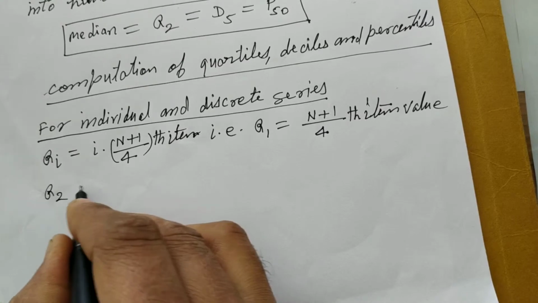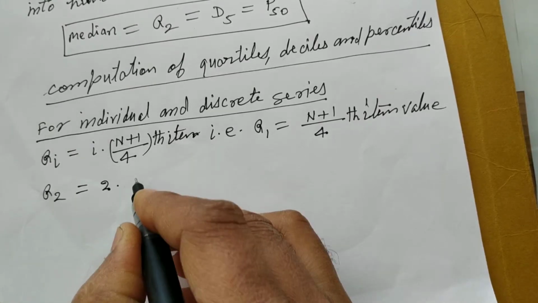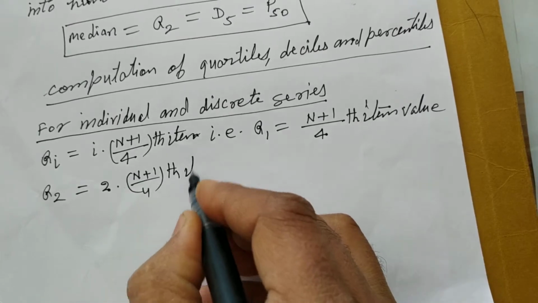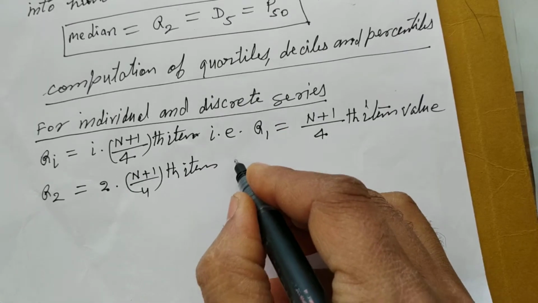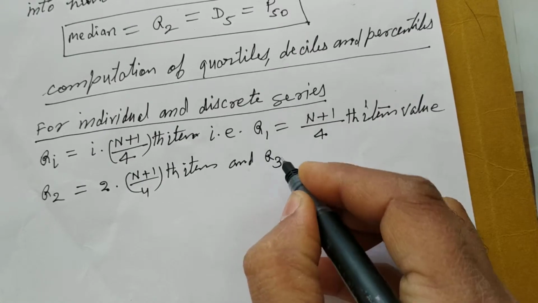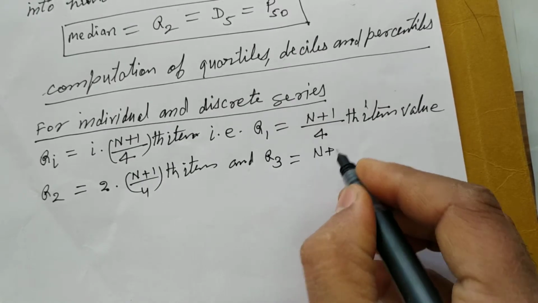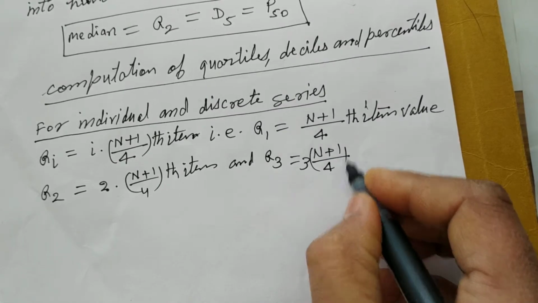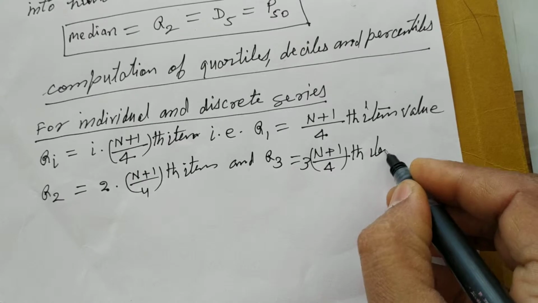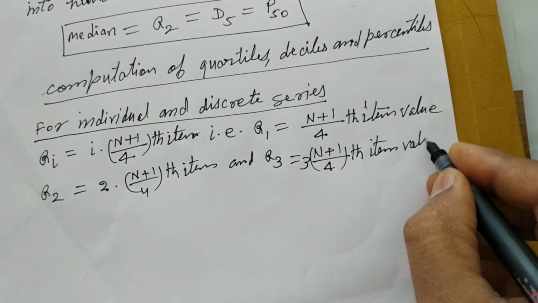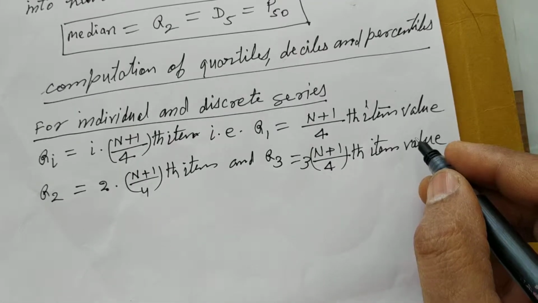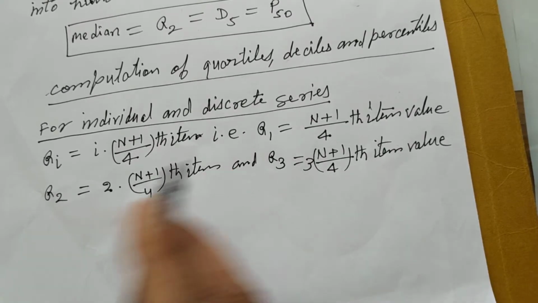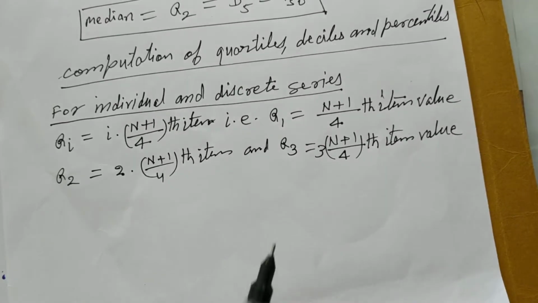Similarly, Q2 is equal to 2 into n plus 1 divided by 4th item value, and Q3 is equal to 3 into n plus 1 divided by 4th item value. So these are first quartile, second quartile and third quartile.